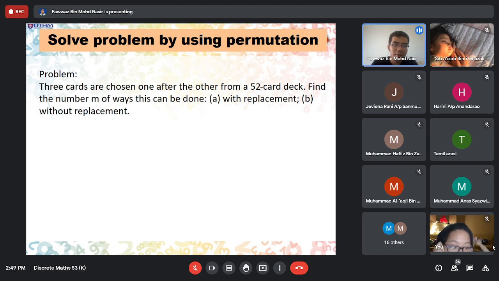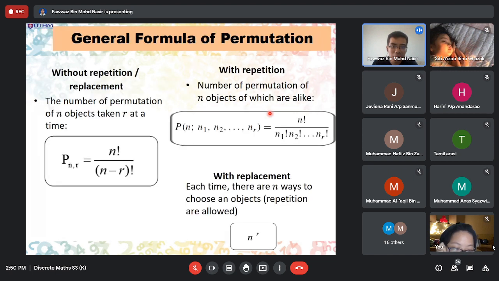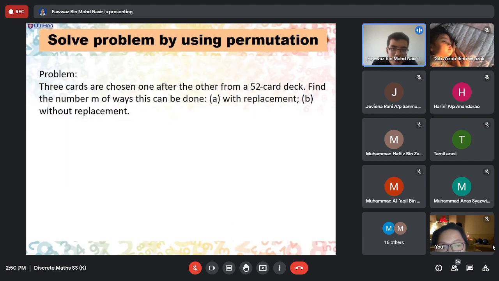So you must carefully distinguish when to use the right formula. So dalam kes ni sebab dia explicitly say with replacement, so you just use formula with replacement tadi. Formula with replacement tadi is n to the power of r, right? So you identify the values of n and r, then substitute into the formula. So for with replacement, n dia is 52, r dia is 3, sebab dia nak choose 3 cards from 52 card deck.